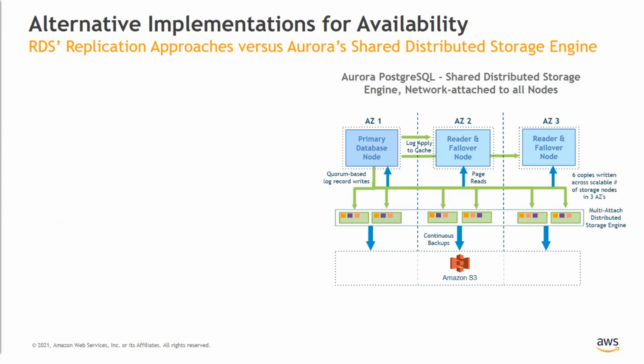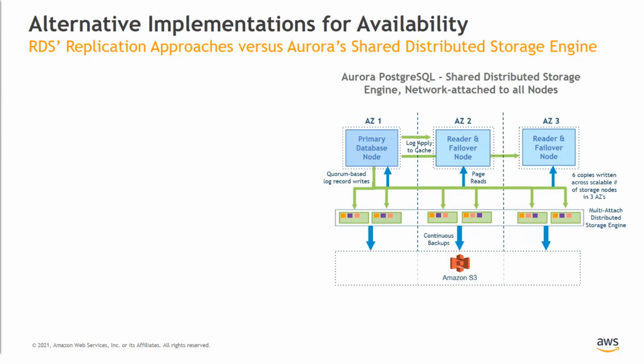Aurora took a much different view, right? We looked at what shared disk cluster architectures like Oracle RAC and Sybase Cluster Edition provided, which was the ability for compute nodes to directly connect to each of the storage layers. That way you could provide almost instantaneous scale out, to be able to add a read node almost instantaneously.